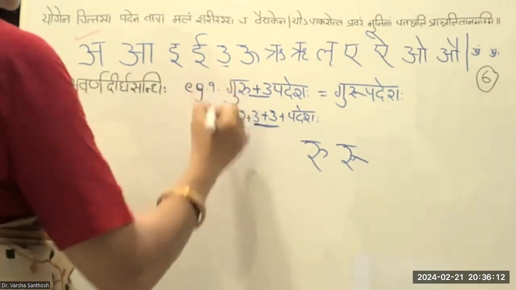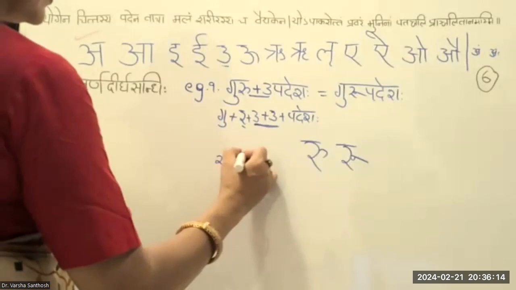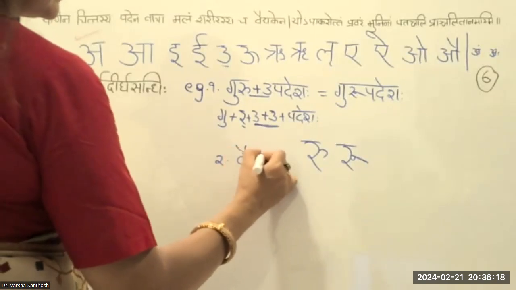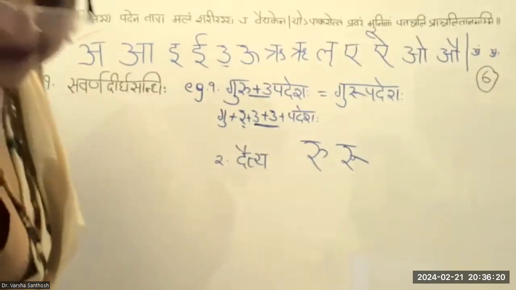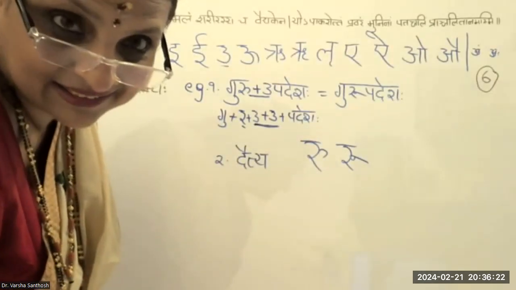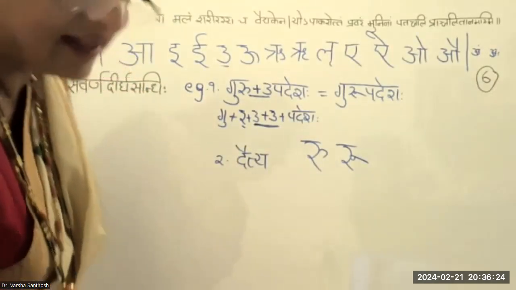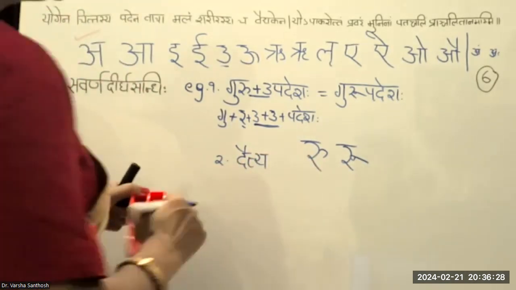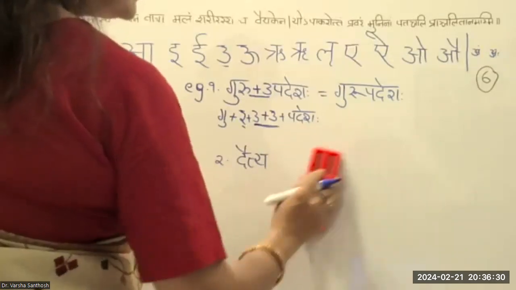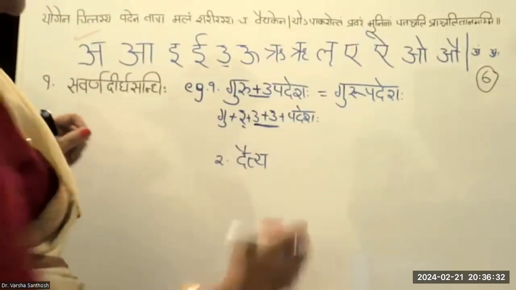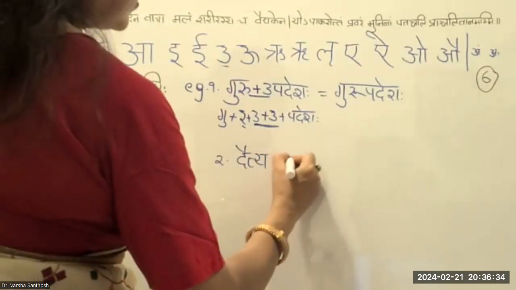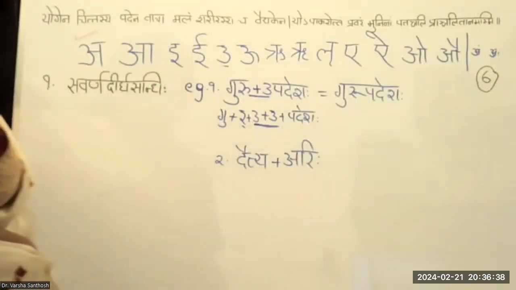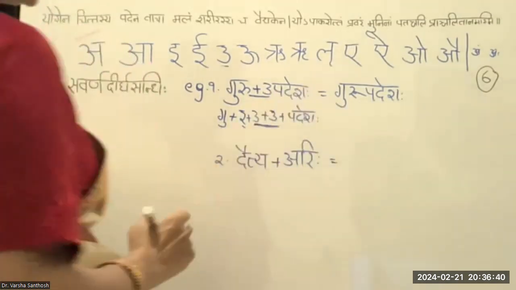Now let us see one more. This was our example one, very simple. Daitya means Rakshas. So Daitya, Ari means enemy. This will give us what?